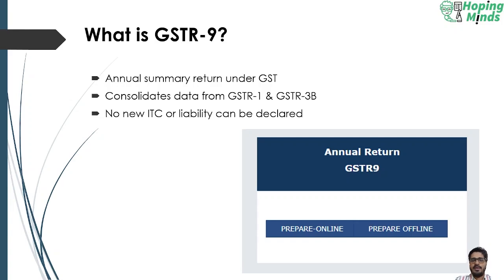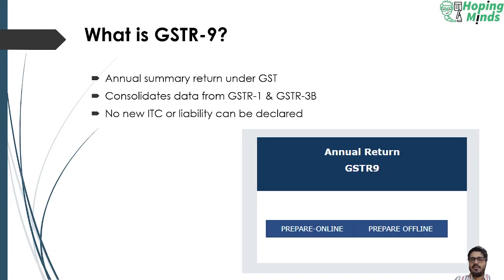So GSTR-9 is an annual return to be filed by regular taxpayer registered under GST. GSTR-9 is required to be filed by those taxpayers whose turnover during the preceding financial year has exceeded rupees 2 crores. It consolidates the data from all the monthly or quarterly returns that has been filed by the taxpayer.